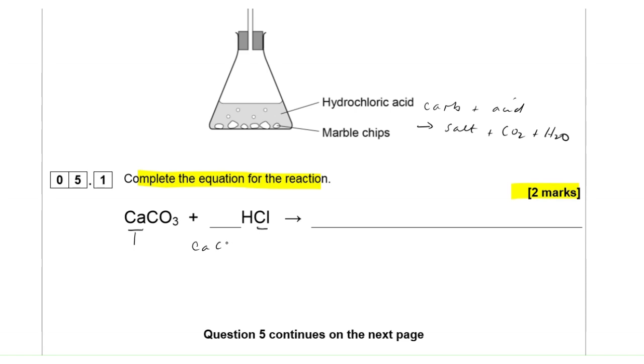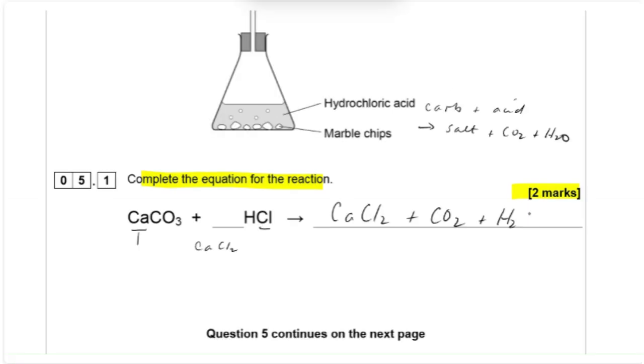So the metal element is the calcium coming from the calcium carbonate, and then the chlorine or chloride coming from the hydrochloric acid. That gives us calcium chloride, and we remember that calcium is in group 2, so it has a 2+ charge, so we need 2 chloride ions to make it balance. So we've got CaCl2 plus CO2 plus H2O.